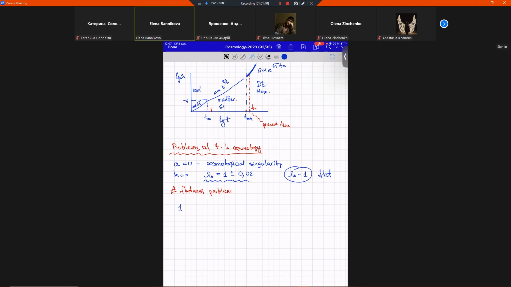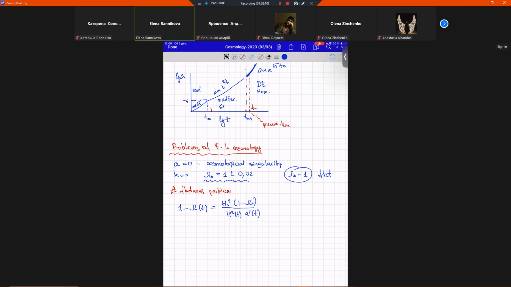Before we obtained such a kind of equation, again from the Friedmann-Lemaitre equation: H0 squared times (1 minus omega 0), H squared is a function of t, a squared on t. See the previous lectures.